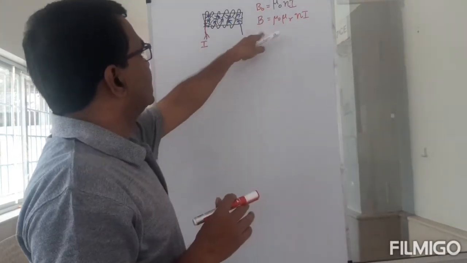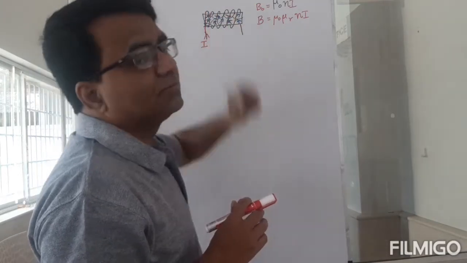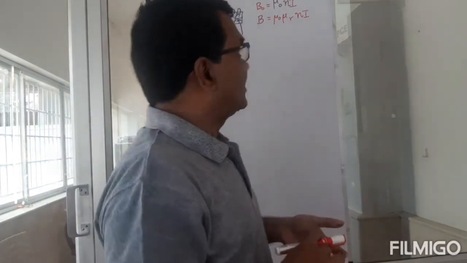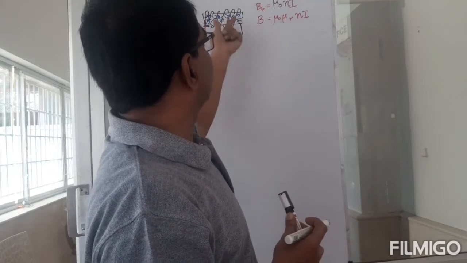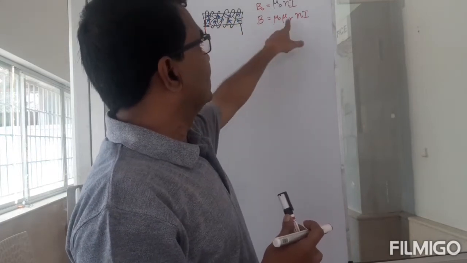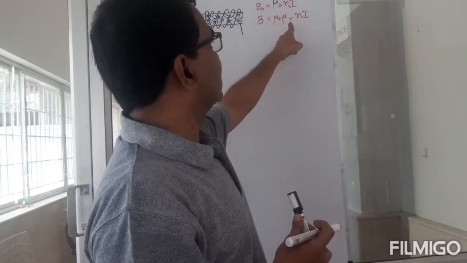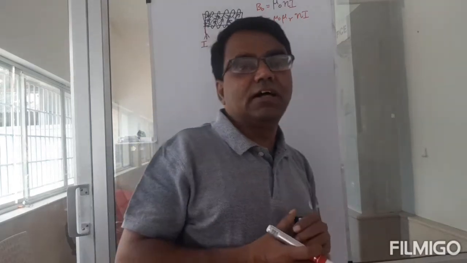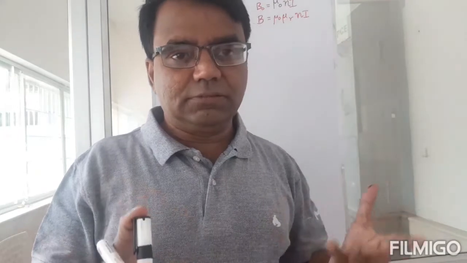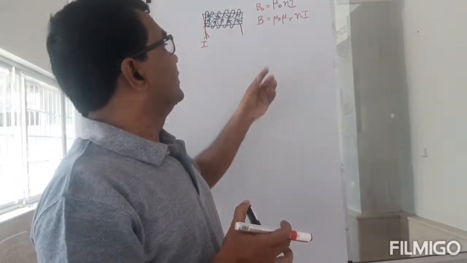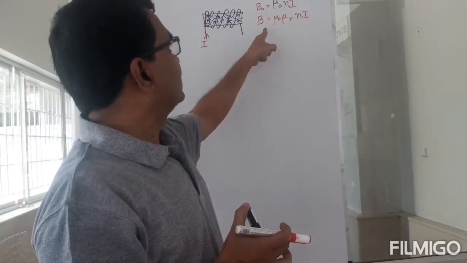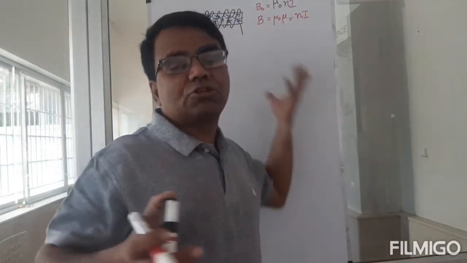So this is the net magnetic field. The extra magnetic field is given by this material. Mu r is very high, it could be more than 1000. So in that case, this field, because of this material, would be much stronger than otherwise.